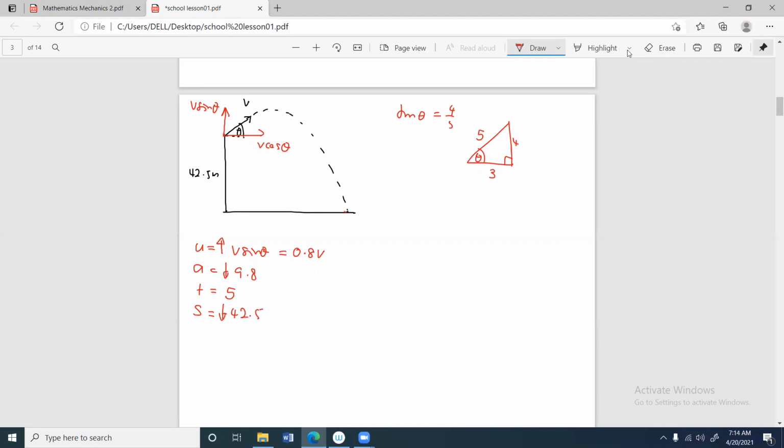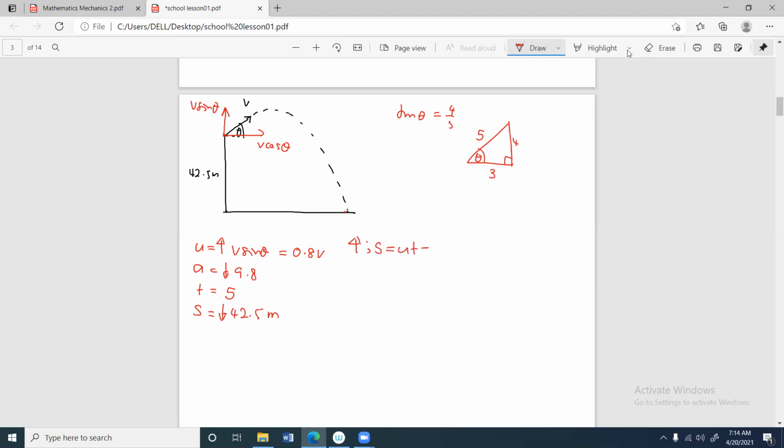A common question most students ask is what happened to this part of the motion? But this equation is a vector equation and S is the displacement. So whatever distance traveled over here is not considered when you are considering the displacement. Finally, when calculating the time, all of them were counted. Nothing to worry about. Just trust me and apply the formula. We will take the upwards direction as positive.